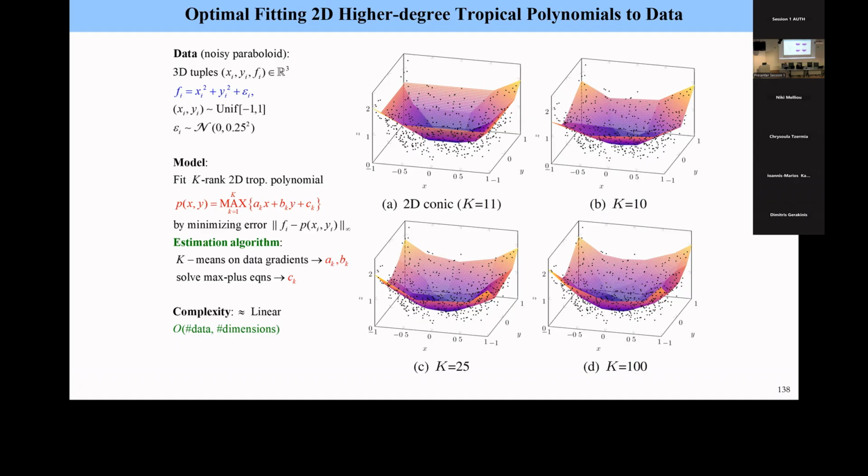So in this case, for example, if we knew that, then the k would be 11. But even, let's say, with k equals 25 in the unknown case, we come very close to the k equals 11 known case.